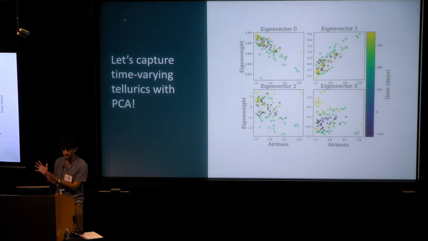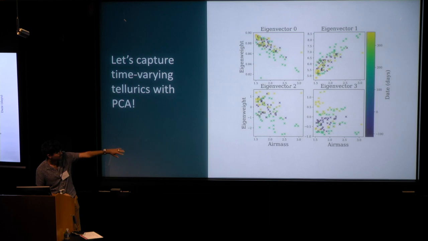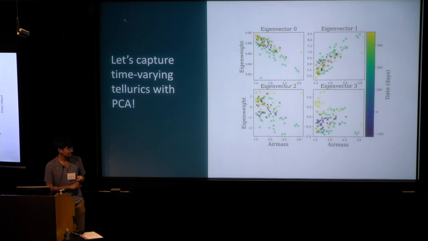But we took those calibration exposures themselves, stacked them all together, and performed PCA on them to see how those telluric standard star observations vary as a function of time and as a function of air mass. So these are the eigenvalues, for all of those different eigenvectors and how they vary as a function of time and as a function of air mass.